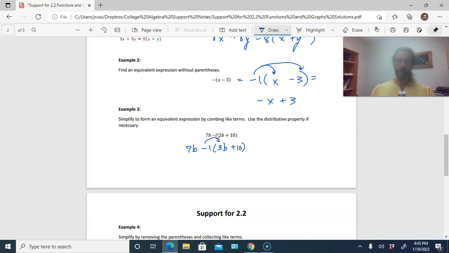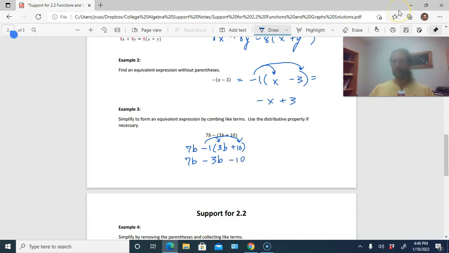So what I'm going to do is distribute the negative 1 to both of those terms. So when I do that, the 7b at the beginning will stay the same. And so if I multiply right here, negative 1 times 3b, that's just going to change the sign to negative 3b. And then negative 1 times 10 will give us a negative 10.